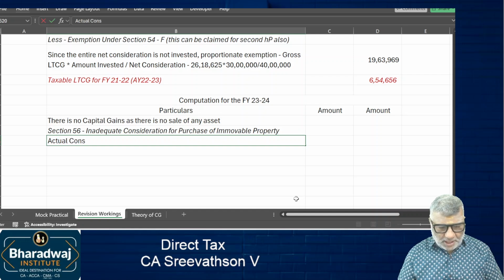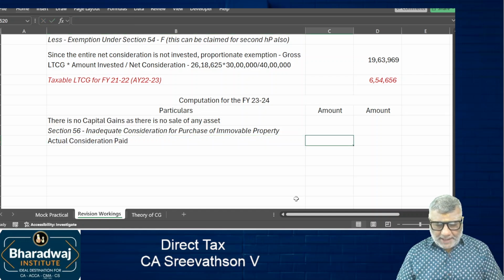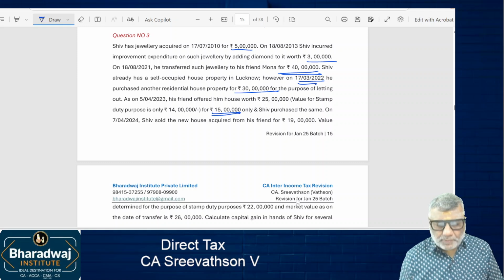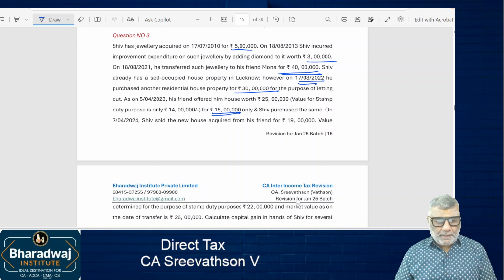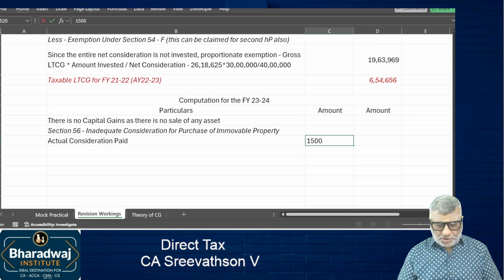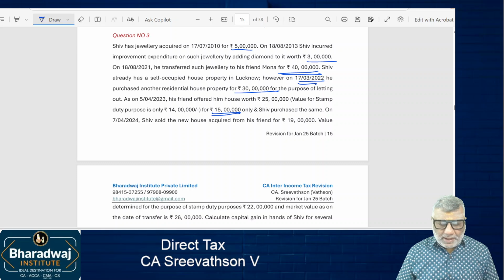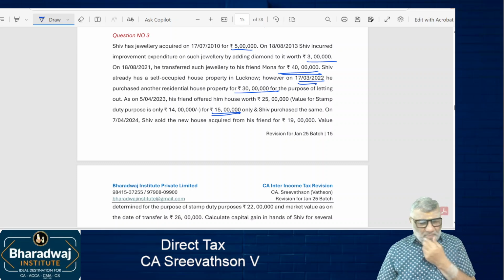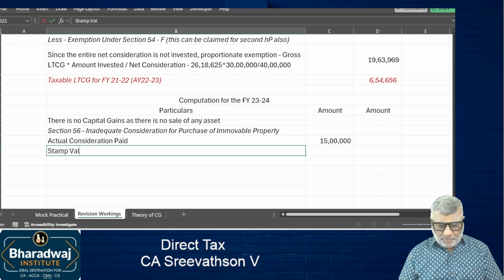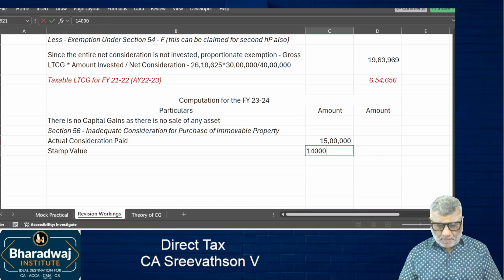Actual consideration paid, I think you have paid 15 lakhs. Oh, there is no inadequate consideration. Sorry, I thought 25 lakhs. Stamp value is only 14 lakhs.